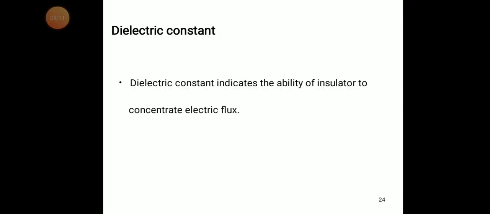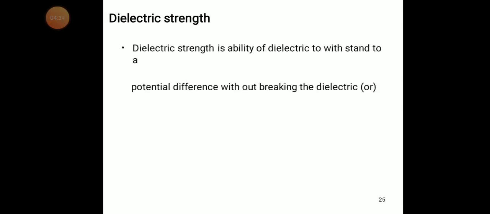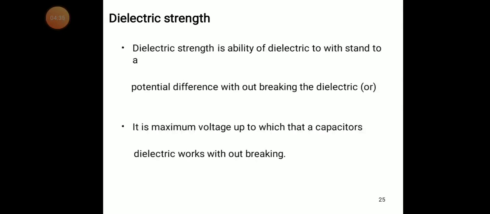How much insulating capacity it has, how much electrical flux it will gather when we apply the voltage, is given as the dielectric constant. It is specified in the data sheets for the capacitor.